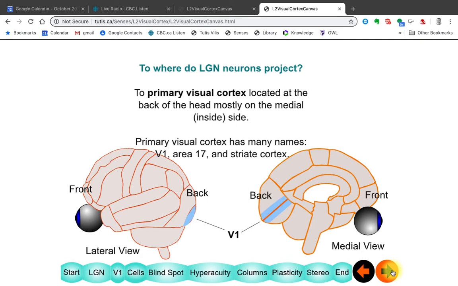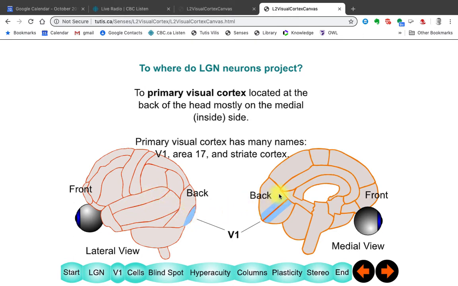So from the LGN, the signal goes to something called the primary visual cortex. It's located here at the back of the brain. It's this blue thing here. And you can see very little of it when you look from the side of the brain. This is the outside of the brain.